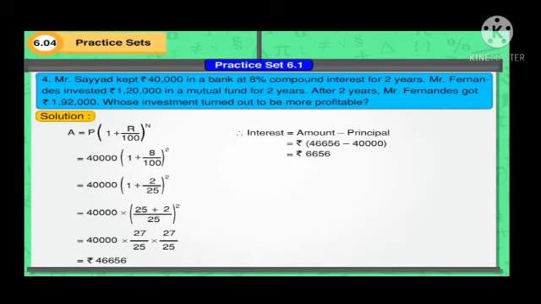Now let's see Syed's profit percentage. Syed's profit percentage is equal to 6,656 upon principal, that is 40,000, into 100, which is equal to 6,656 divided by 400, which is equal to 16.64%. Let us consider this as statement 1.